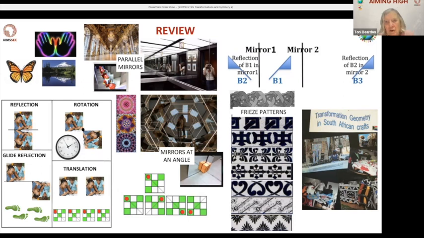If you look at this picture on the right, which you saw in the video, and then we get this one of the double reflection giving you a translation from B1 to B3, you'll see that we didn't give you the answer at that point. You'd already seen it in the video, and we hoped you'd then remember what to do, or you'd be able to think quickly and you'd know what to do.